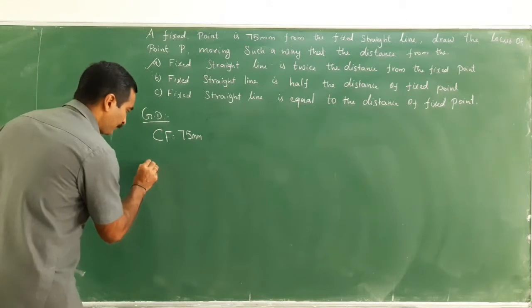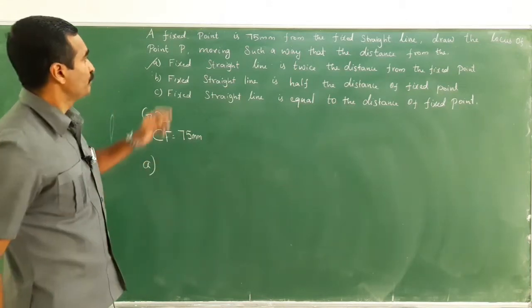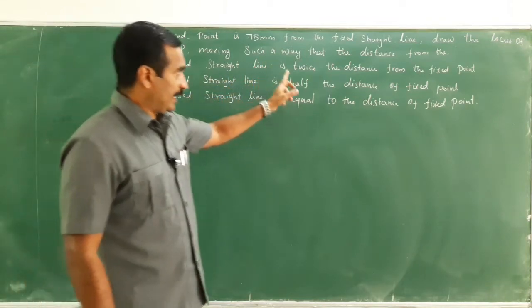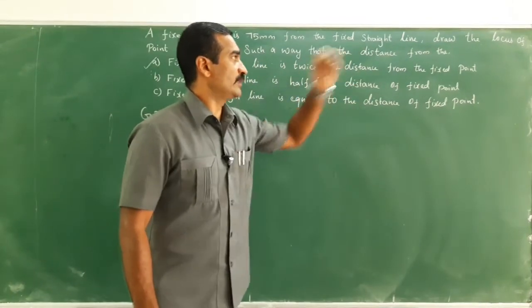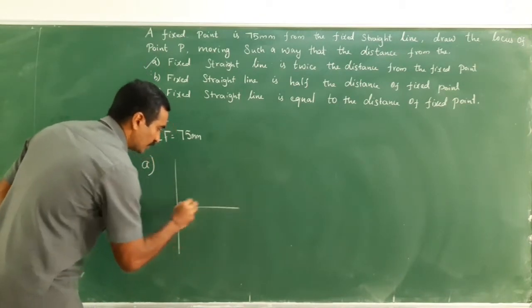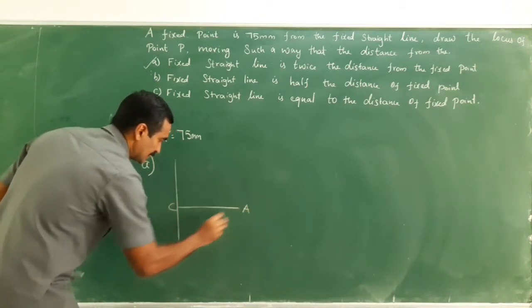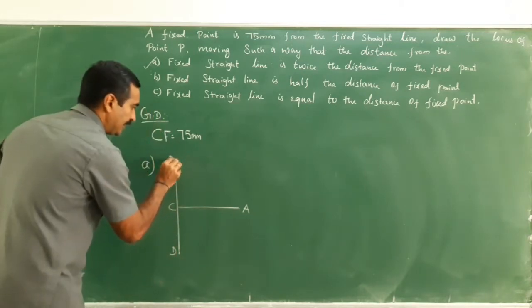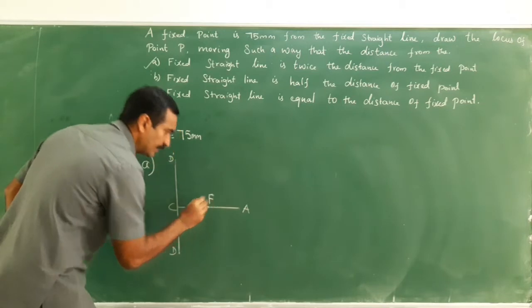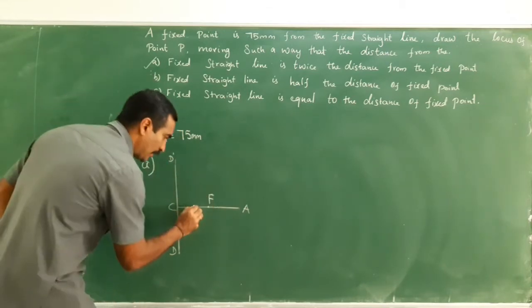That's A. Subdivision A. What does it say? The distance from the fixed straight line is twice the distance from the fixed point. So this represents the axis CA, D dash. This is F, that is focus or fixed point.